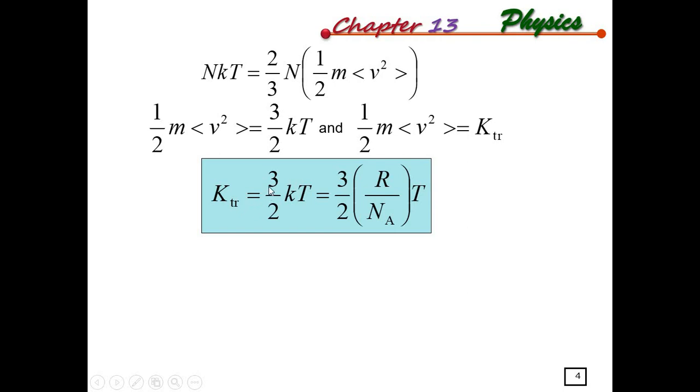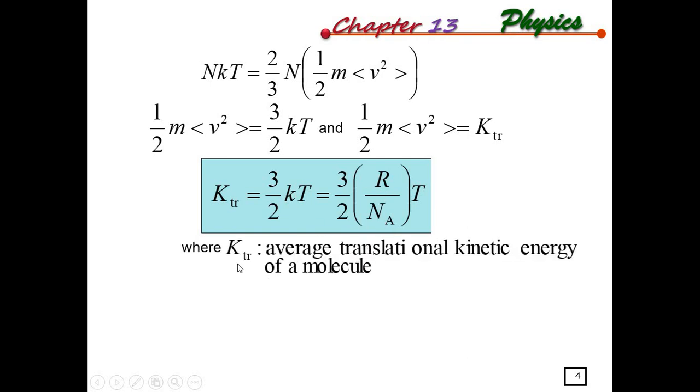KTR equals 3/2 kT equals 3/2 bracket R over NA times T, where k equals R over NA, where the KTR is actually the average translational kinetic energy of a molecule in the container.